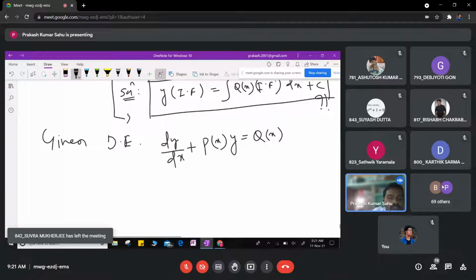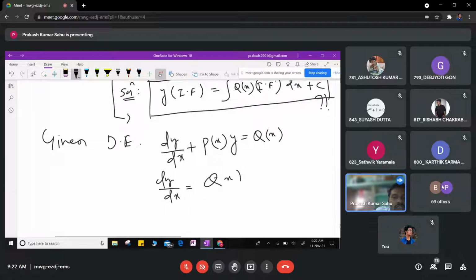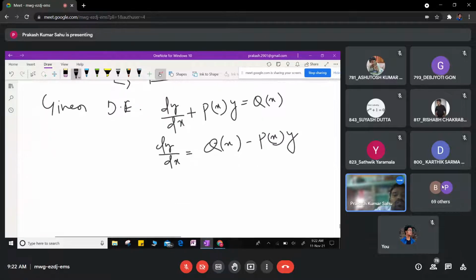Before testing exactness, it is better to write it in M dx plus N dy form. So I can write dy by dx is equal to qx minus px into y. That implies dy is equal to qx minus px y, whole into dx.